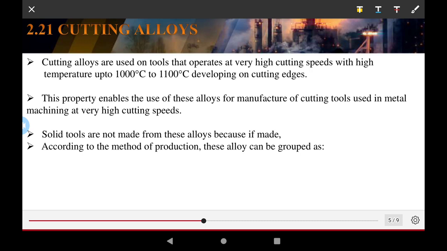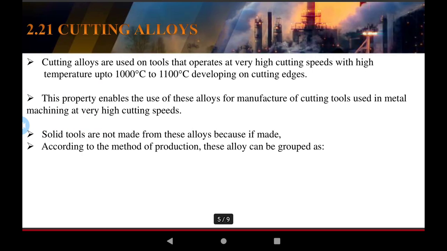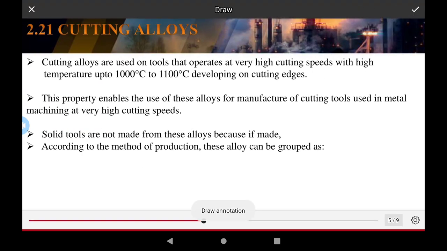This property enabled the use of these alloys by manufacturers of cutting tools in metal machining at very high cutting speed.